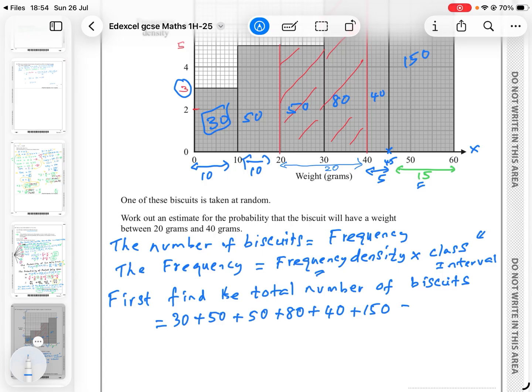So the total is 400 biscuits. So now the number of biscuits.